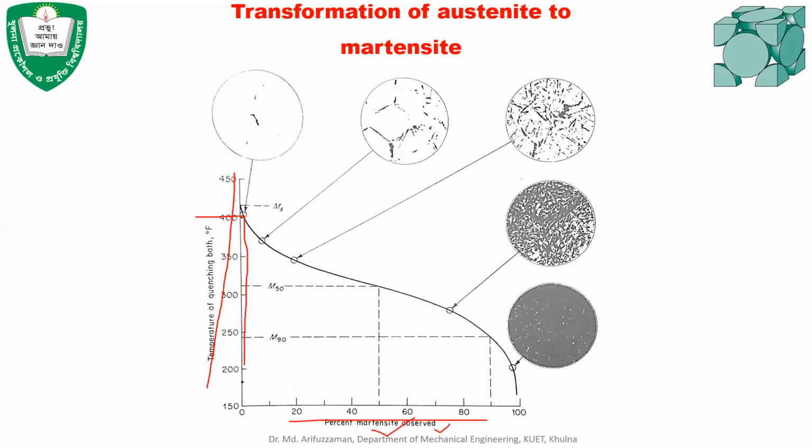If you quench it at 350, then you get a little bit more martensite. If you quench it below 250, like less than 200 degrees Fahrenheit, you get 100% martensite produced.